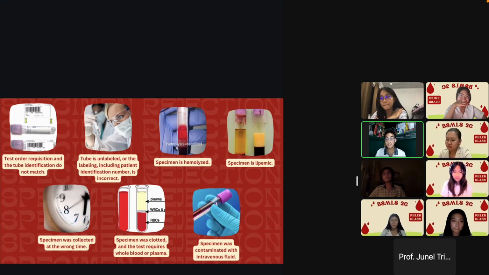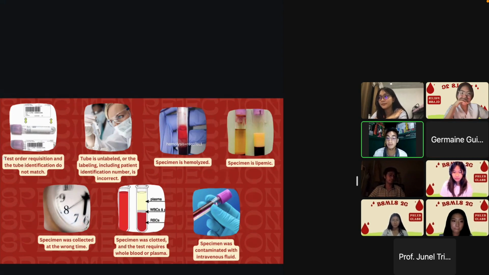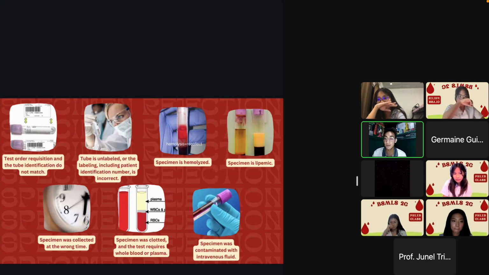This occurs when the specimen has clotted and the test requires a sample that is in liquid form. For example, the blood sample is sent for a test that requires a serum sample, and then yung sample is clotted. So that sample now would be rejected.